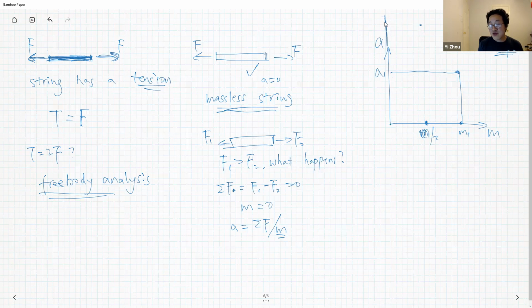So this is how we draw the curve. I drew it so the scale is not right, so let's draw it again.